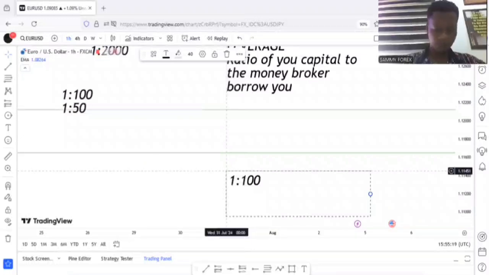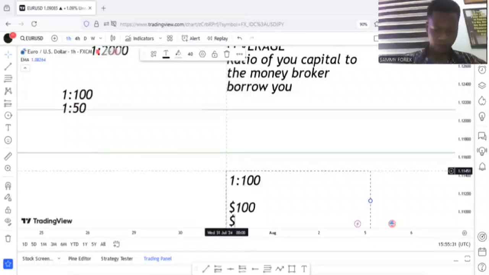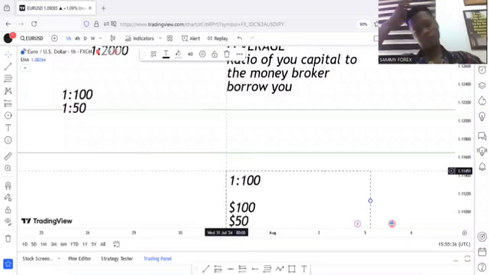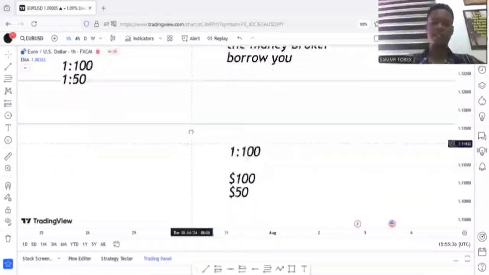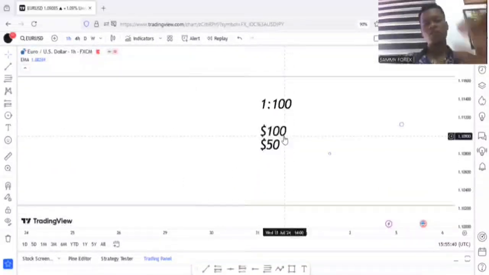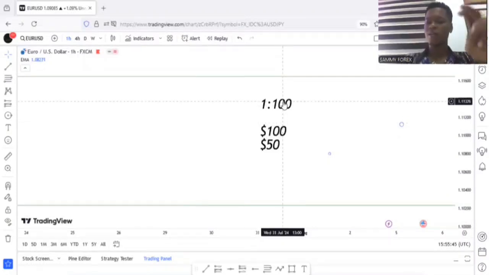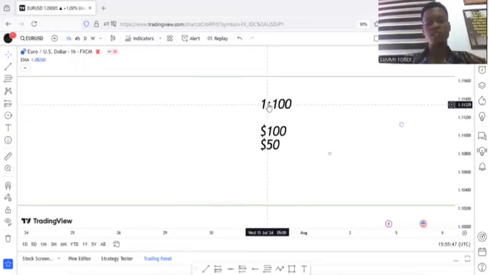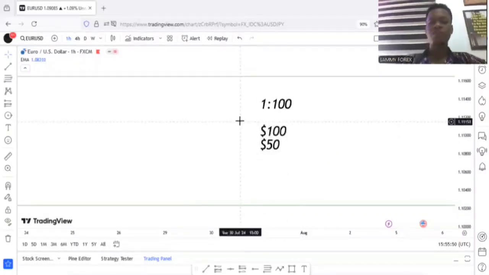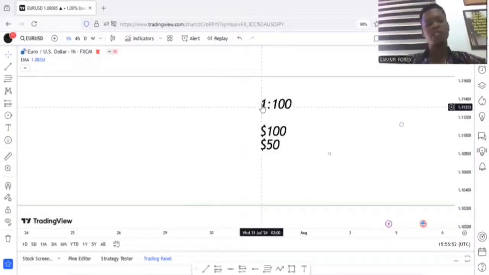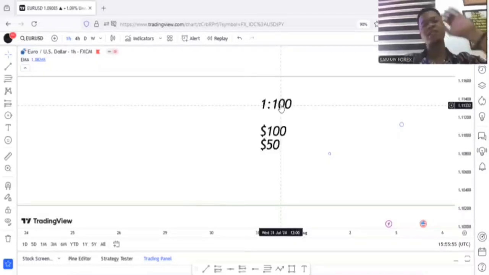If you're using an account size of $100, your $100 is multiplied by 100, which is 1:100. So any money you deposit is multiplied by 100, and that is the account size you are using.